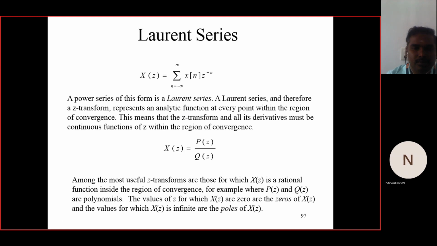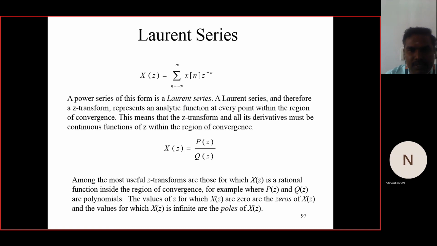It should be maintained. So x of Z is nothing but P of Z by Q of Z. Among the most useful Z transforms are those for which x of Z is a rational function inside the region of convergence, where P of Z and Q of Z are polynomials. The values of Z for which x of Z is zero are the zeros of x of Z, and the values for which x of Z is infinite are the poles of x of Z. So normally we know that zeros and poles are located in the transfer function model.